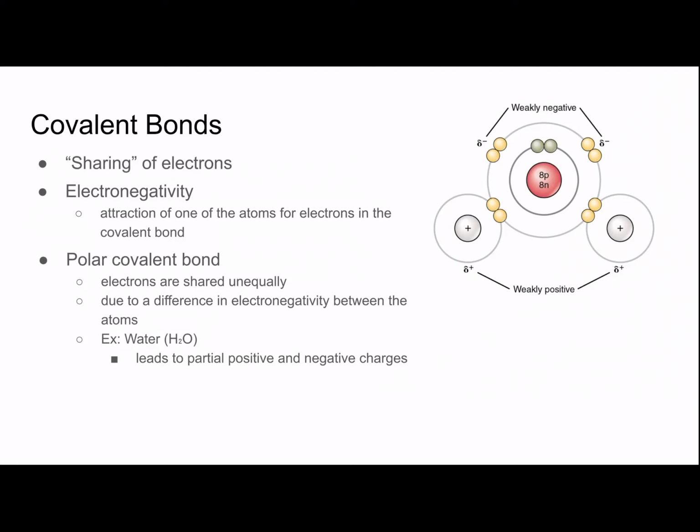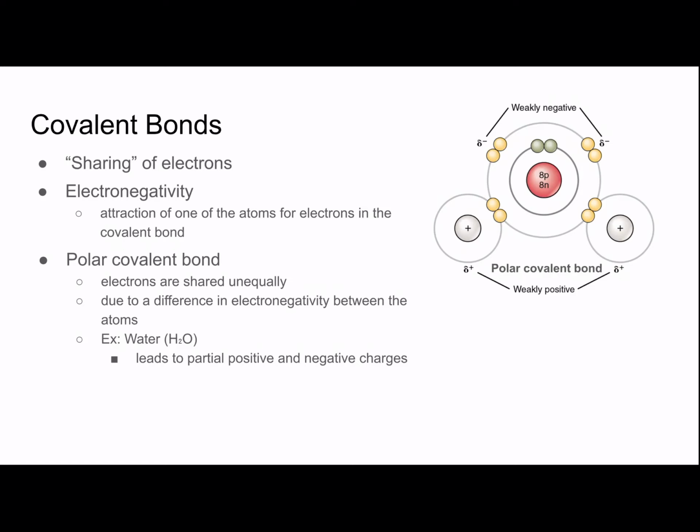So this is a picture of a diagram of water. And as you can see, there's a partial negative charge around the oxygen atom, which is the larger atom, and partial positive charges along the two hydrogen atoms.